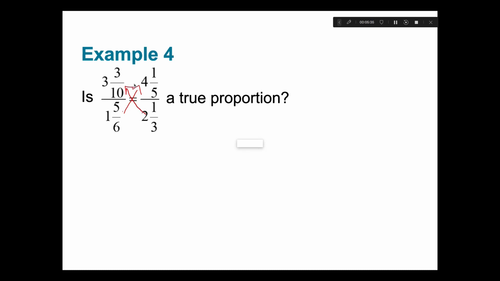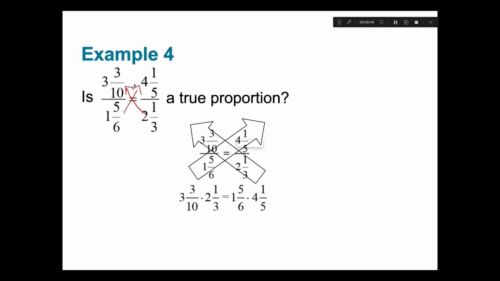When we multiply these mixed numbers, it's easiest to turn them into improper fractions first. If I were to turn this into an improper fraction, how would I do that? 3 times 10 plus 3, and 2 times 3 plus 1.